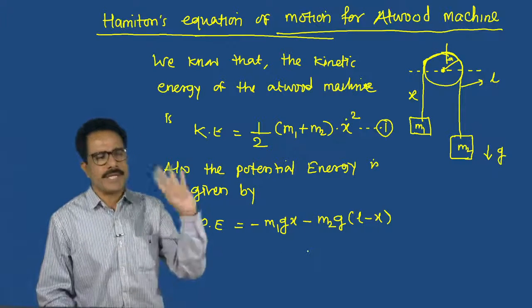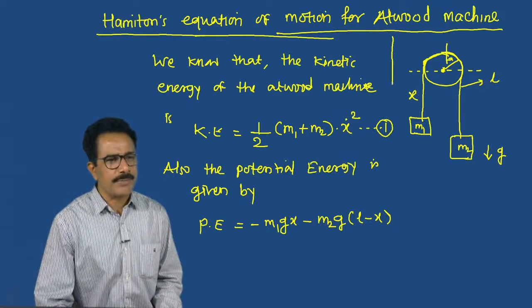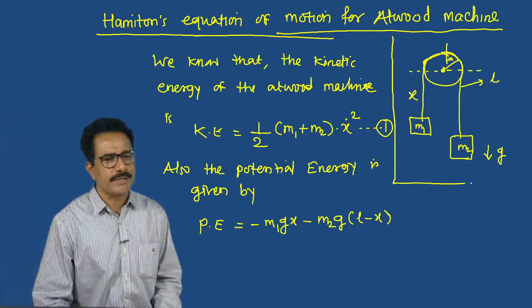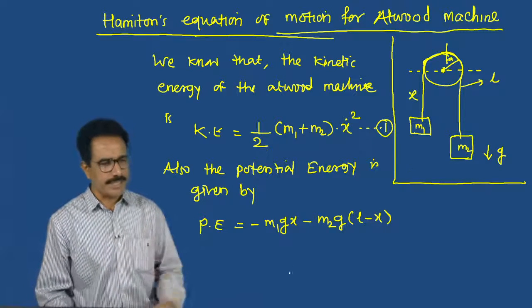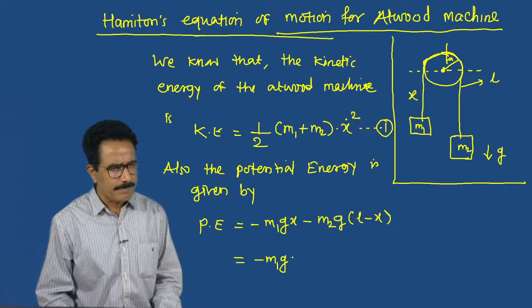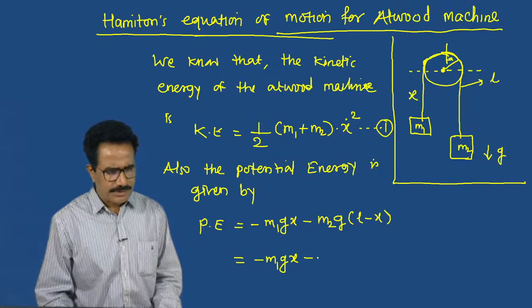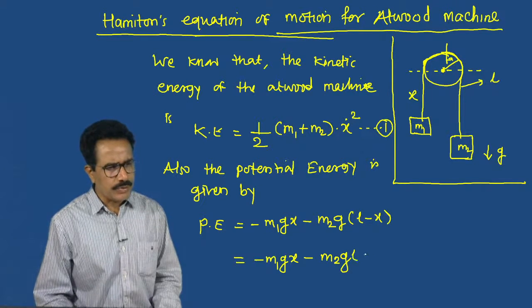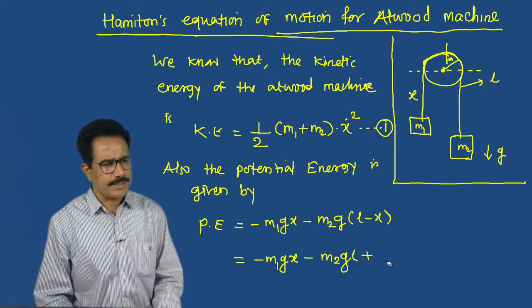In short, leave out x1 and x2. This is the concept of the Atwood machine. So we can write this as minus m1g into x minus m2gL plus m2g into x.